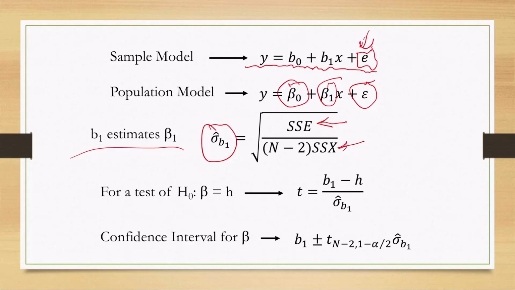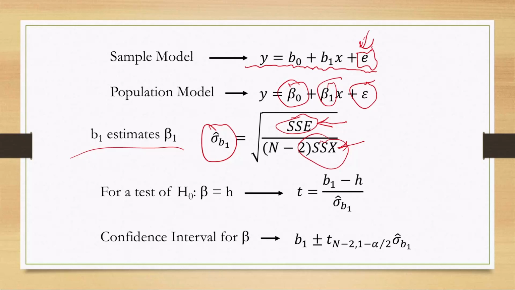So the bigger the sums of squares error we have in our model, the bigger the standard error is going to be. Conversely, the bigger the sums of squares of the explanatory variable, the smaller the error is going to be. That is, if you have more variation in your explanatory variable, then you actually can hone in on the slope more than if you don't have much variation.